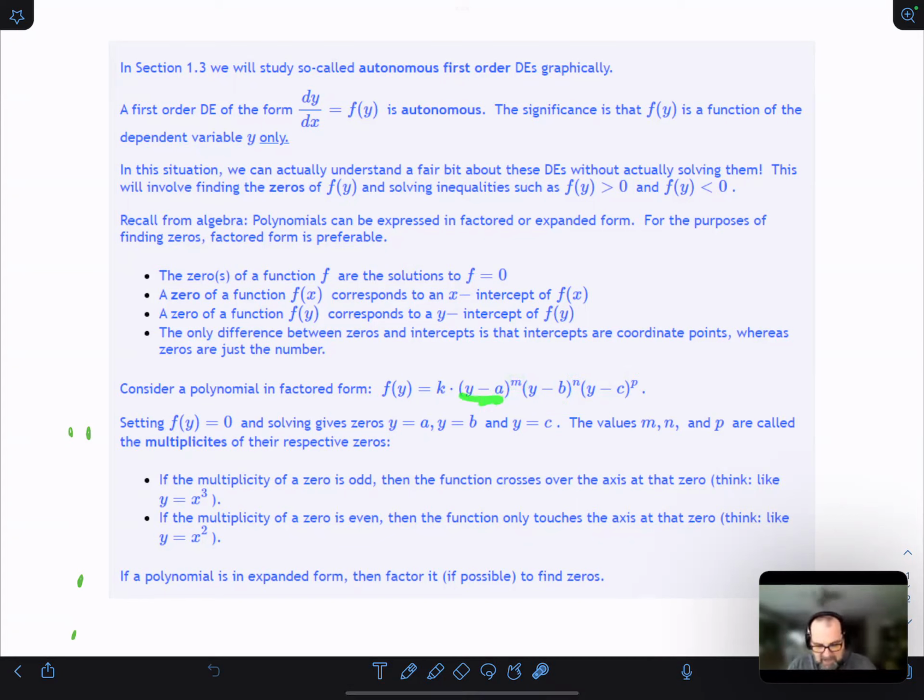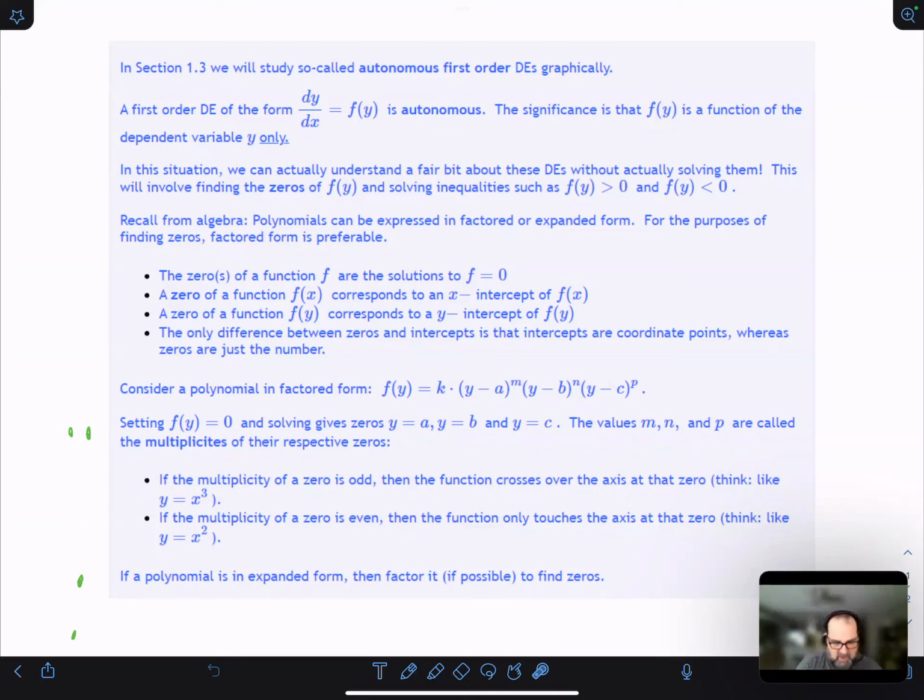So here we would have that the 0 y equals a has a multiplicity of m, the 0 y equals b has a multiplicity of n, and so on. So, all right, quick little question here. If you want to just work the little problem, practice on that on my open math here.